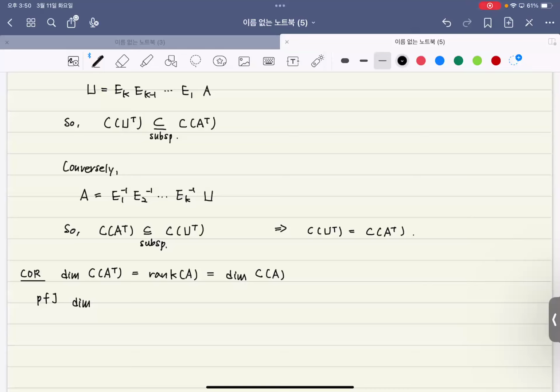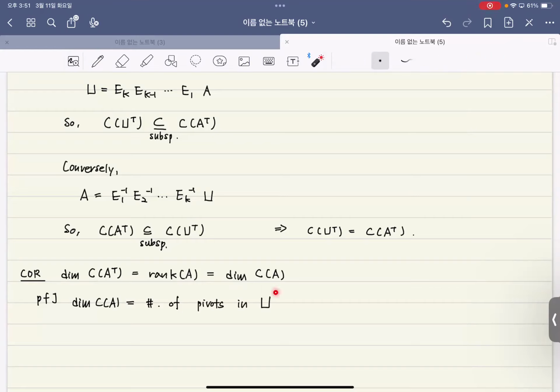We know that the dimension of the column space is the same as the number of pivots of the echelon matrix U and echelon matrix of A. Now, how many pivots do we have?